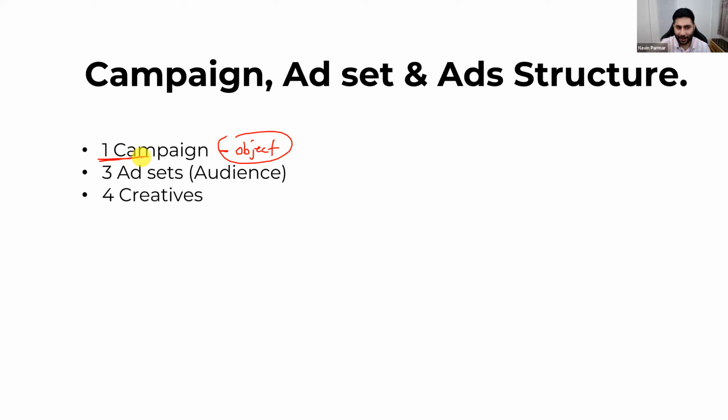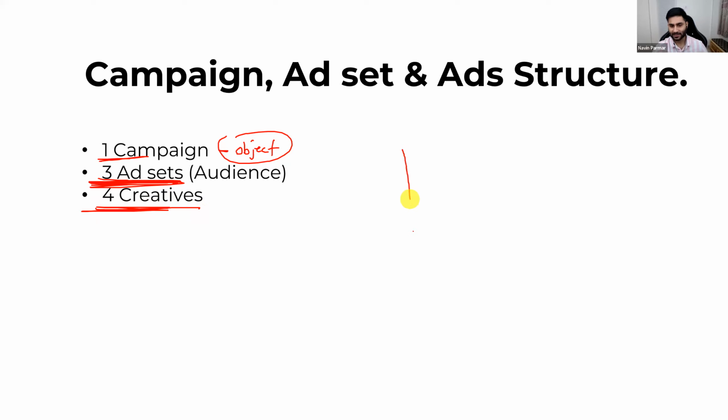Now, in that campaign, there will be 3 ad sets. What is the meaning of 3 ad sets? You will be creating 3 different audiences for your targeting, right? Then in every single ad set and audience, there will be 4 creatives. All the 4 creatives will be the same in the 3 ad sets.